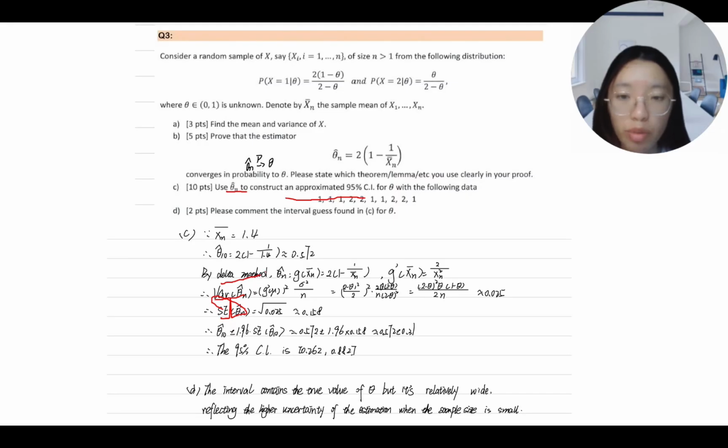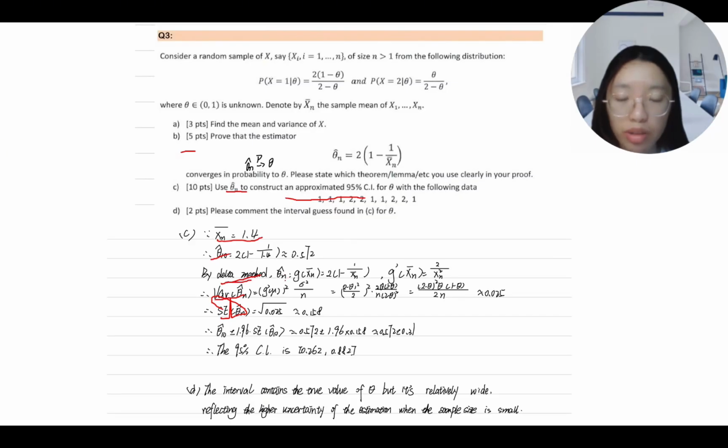But first, we need to calculate the X n bar. And in question C, we got 10 data points. So we can compute that X n bar is equal to 1.4, and then using the results in question B, we can compute that theta 10 bar is equal to 0.572.